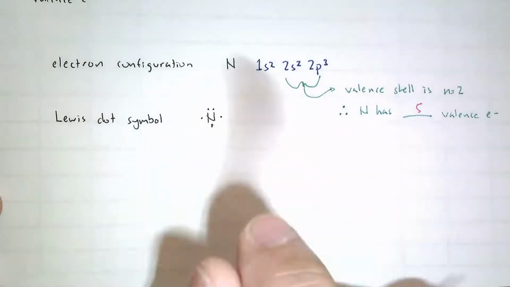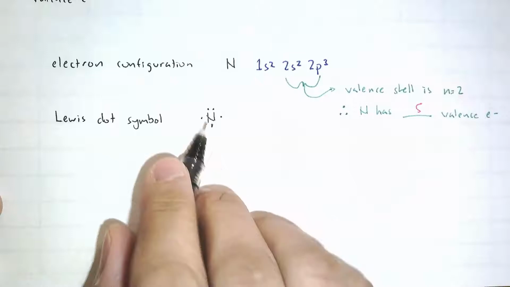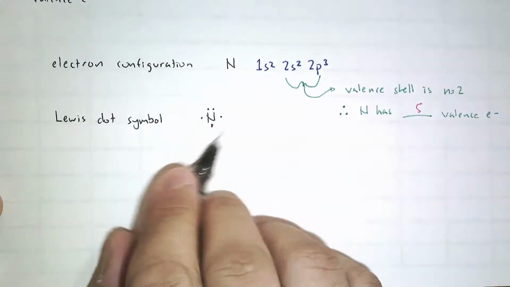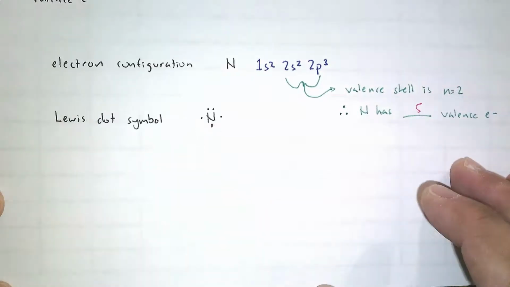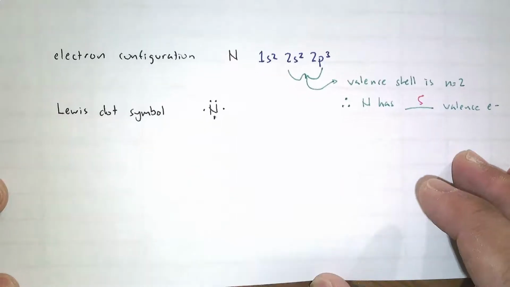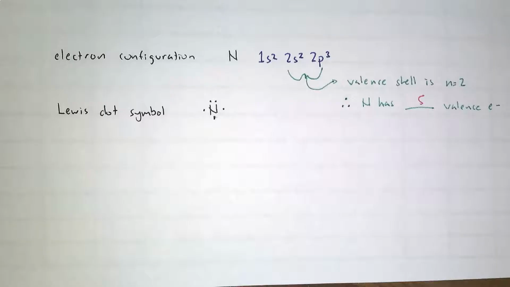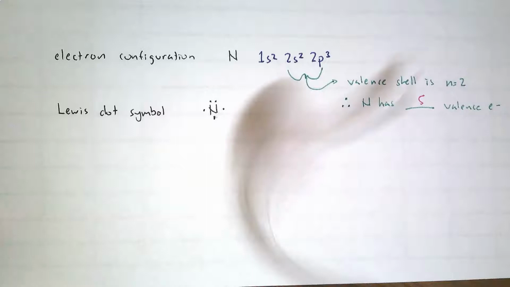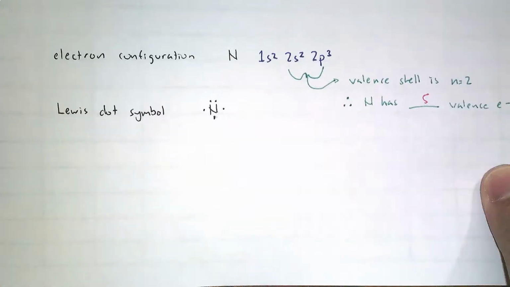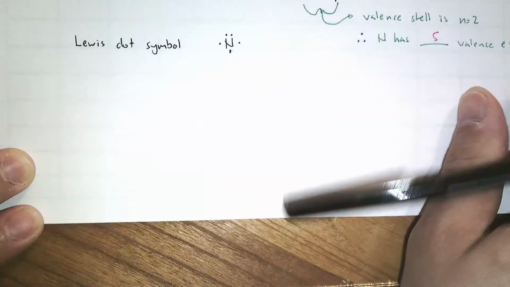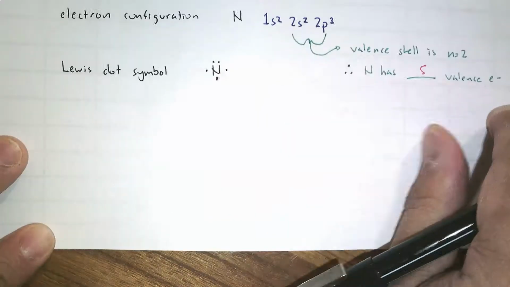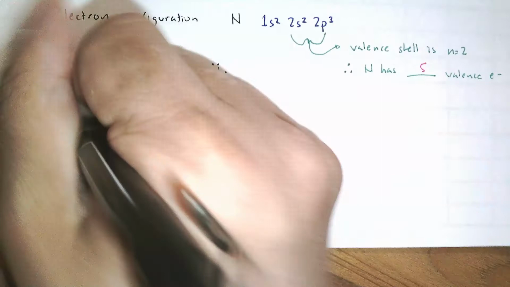There should be 1 pair and then 3 single electrons that are separated. That's convention, but it's also going to help us with the Lewis structures, because if I draw a molecule with a central nitrogen, the simplest Lewis structure that I could draw is NH3.